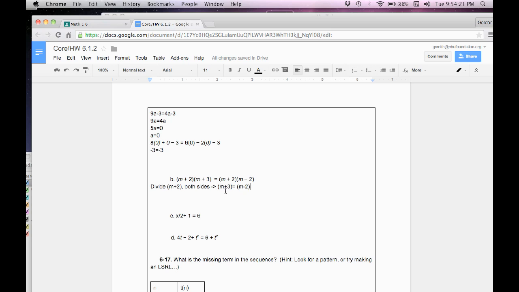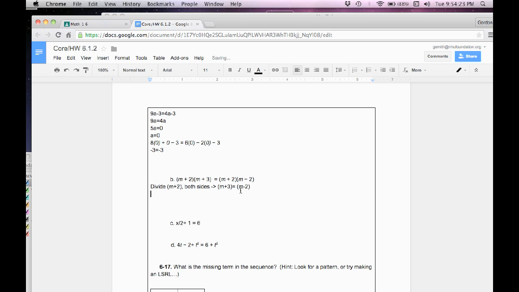Now I'll subtract 3 from both sides. Again, the idea is just to get the variable alone, so subtracting 3 should work pretty well.